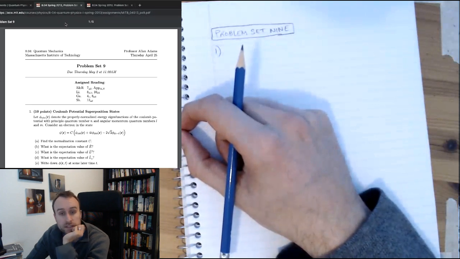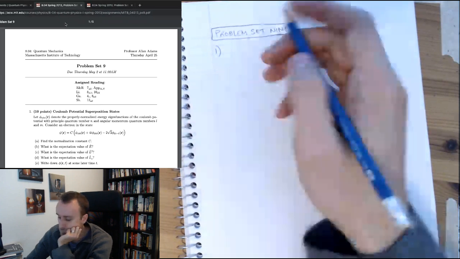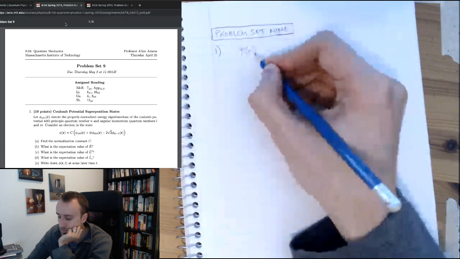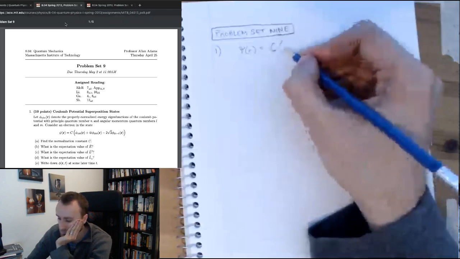Consider an electron in the state, so we have phi of r is equal to C.